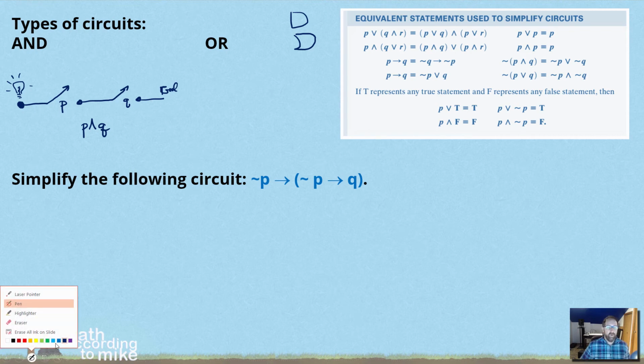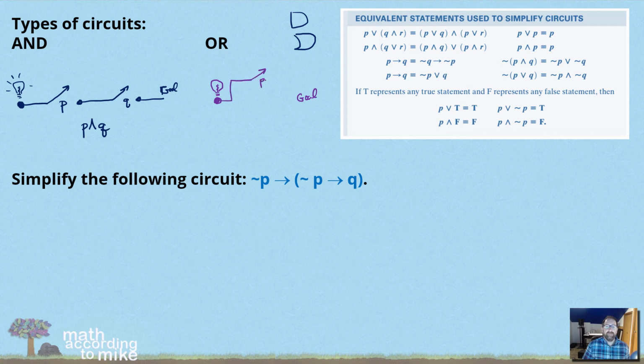Now let's talk about or. Same deal. Here's where the electricity is starting. I cannot draw one of the newer bulbs, so you're getting the old style. And this is where we want the electricity to end. But what could happen is the electricity could go through P, or it could go through Q. So if you've ever heard of parallel circuits before, that's what this means.